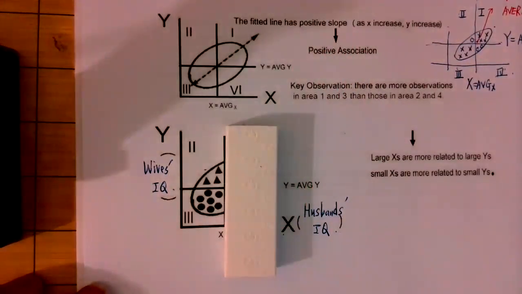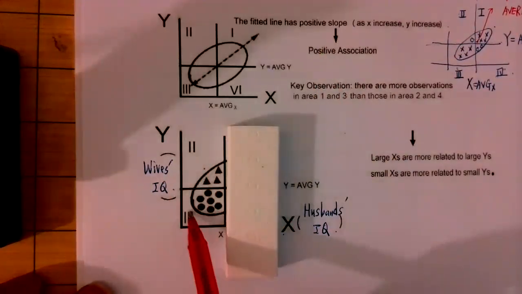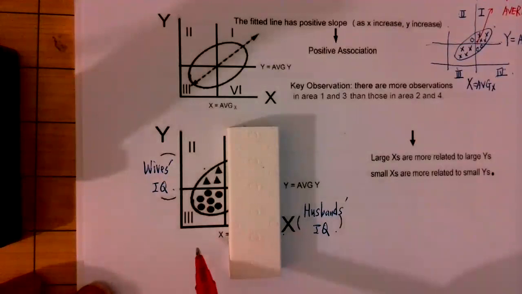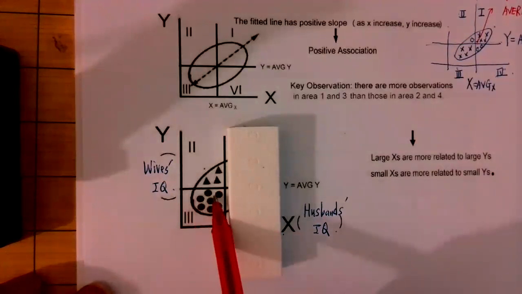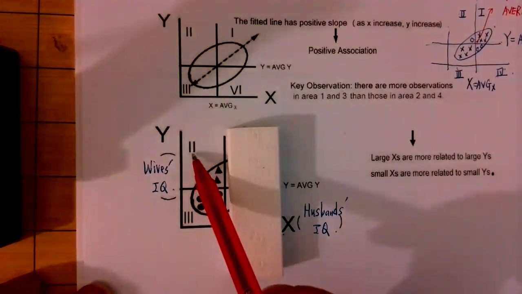Okay? Now let's look at the other side. These I call what? Smaller Y's, okay, smaller Y's. Why do I call them smaller Y's? Because their Y values are all less than or equal to average Y, okay? Small X's are related to large Y's, but also related to small Y's. But small X are more related to smaller Y's because there are more observations in area 3 than those in area 2.